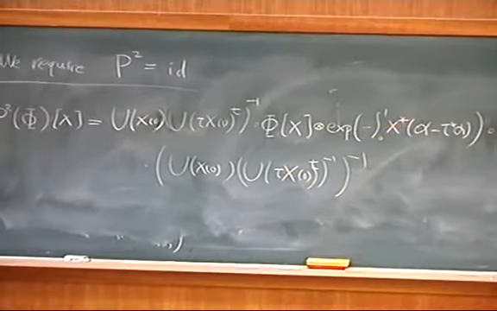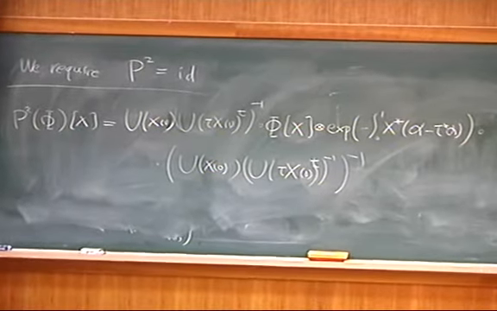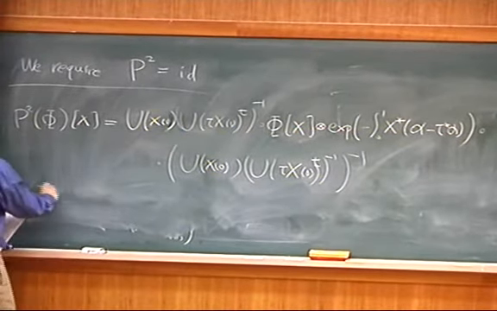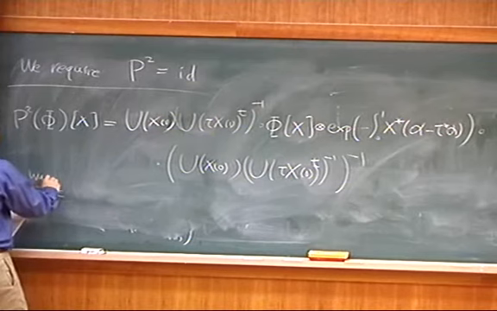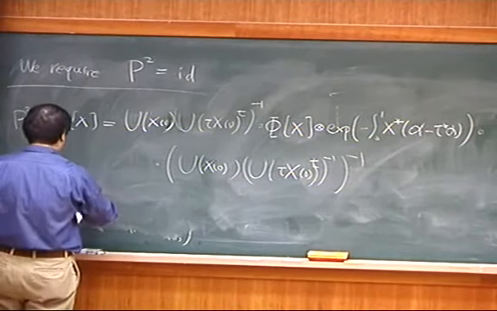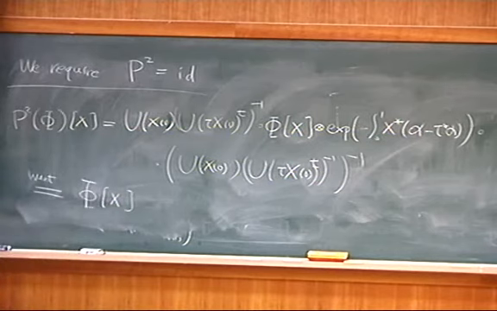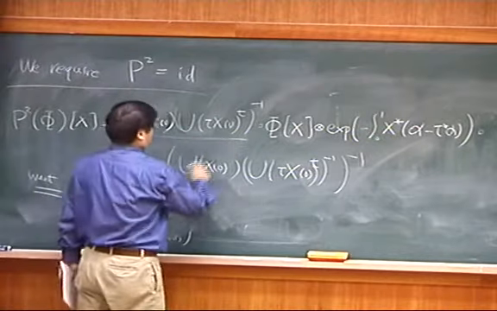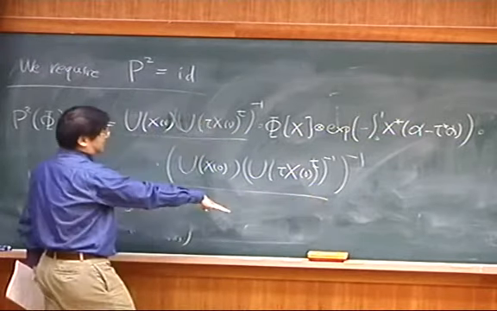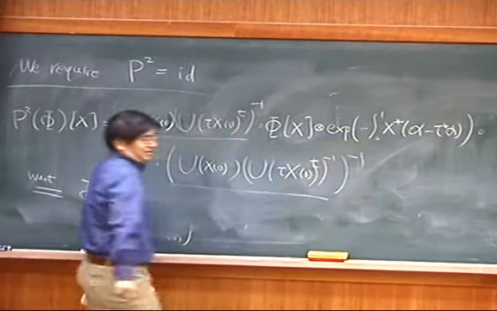So that's the P squared of phi, and we want this to be equal to phi of x for any open string state. Okay, so that would require some condition between this and this. We want this to cancel to get along with this.